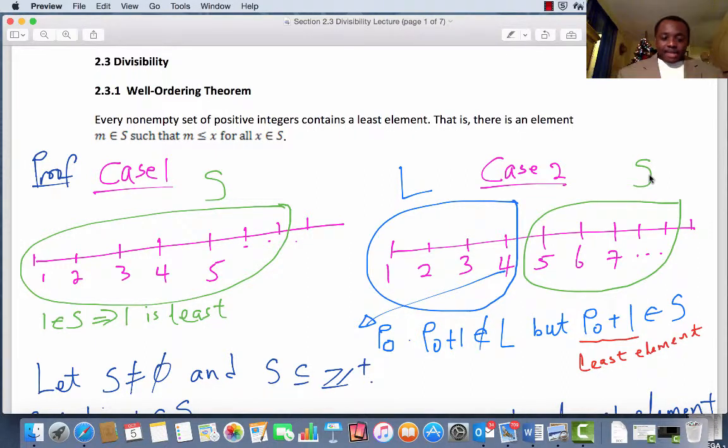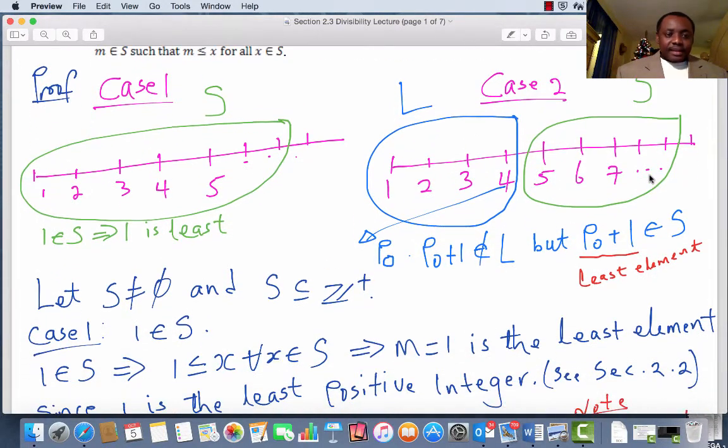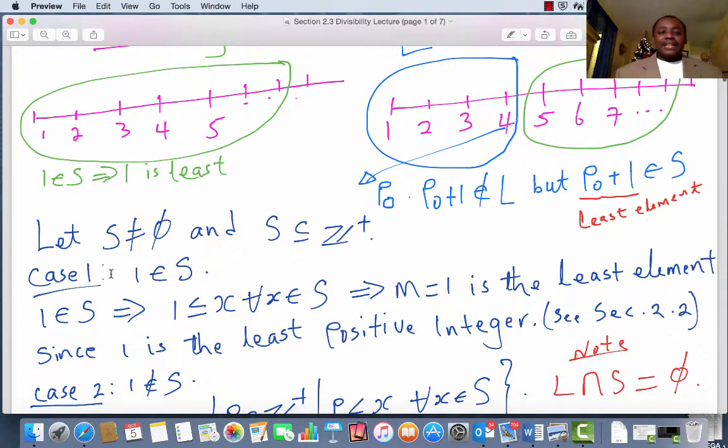So keep this diagram here. You can come back to it and look at it. But I'm going to go ahead and present the abstract proof to you at this time. Let S be a non-empty set, very important. And let S be a subset of Z plus, a subset of the set of positive integers.